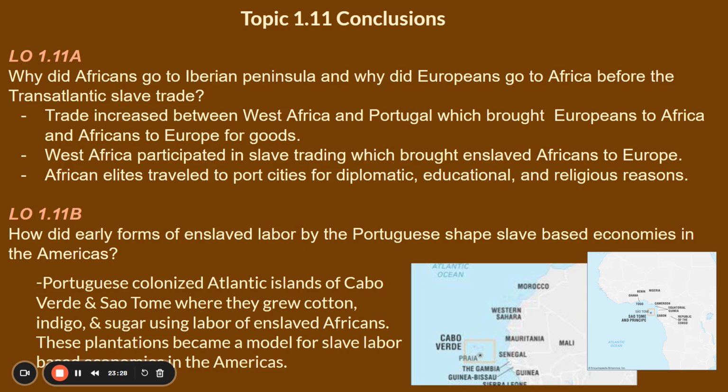The other thing is African elites. Okay, so outside of trading goods, outside of the slave trade, African elites did indeed travel to port cities in Europe for diplomatic purposes, for educational purposes, and religious reasons. We are well aware that a lot of African kingdoms went through religious conversions.